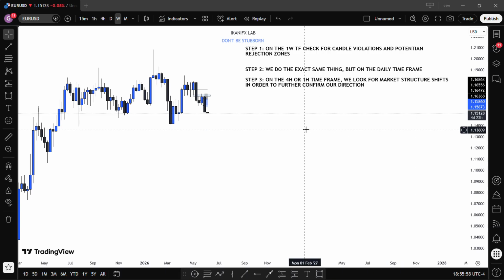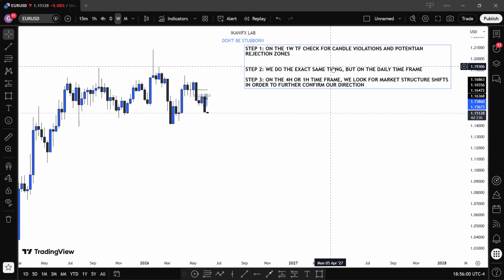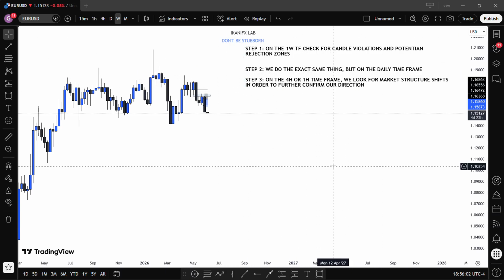Okay, so on to the markets. I've already outlined the steps I usually take when analyzing the market, and to be honest, you should put this into consideration because it's going to help you get a more accurate bias for the week, and possibly for the month if you use it on higher time frames.